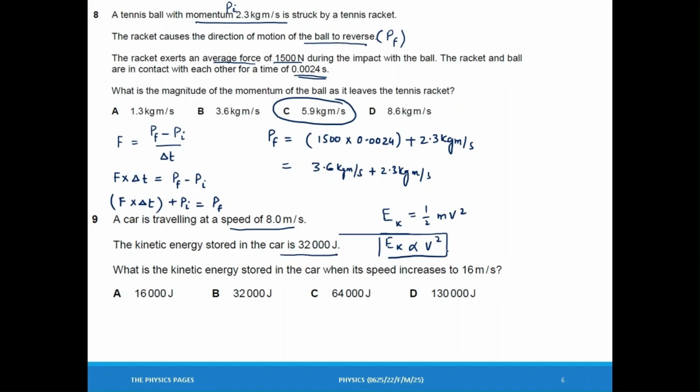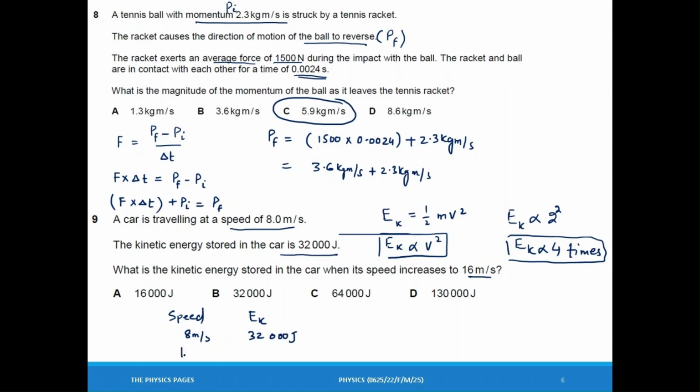If I am going to double the speed from 8 to 16, doubling the speed increases the kinetic energy by double squared, that gives you 4 times. So the energy stored will be 4 times the initial. So if the speed was 8 meter per second, kinetic energy was 32,000 joule.